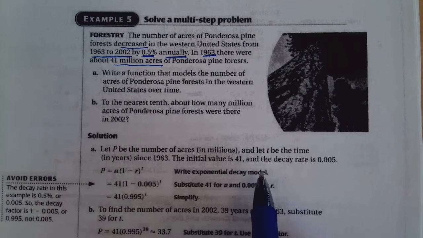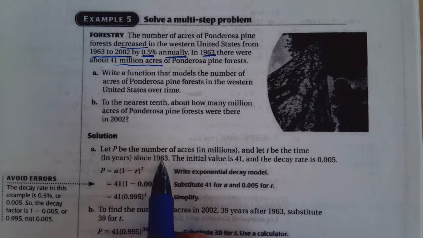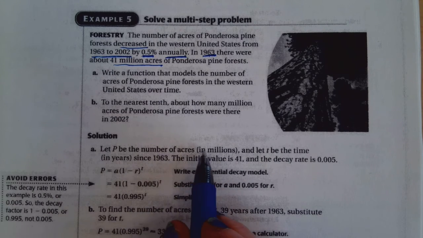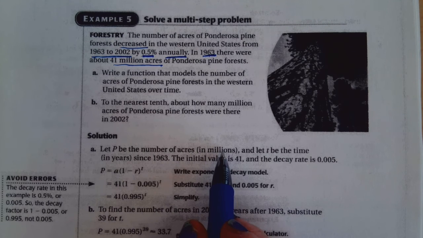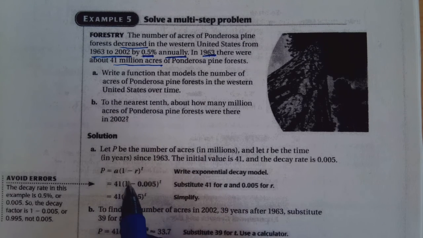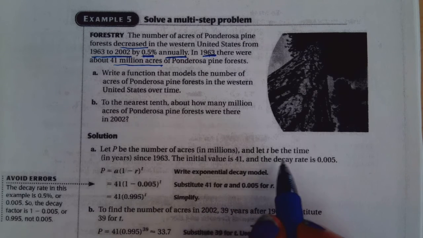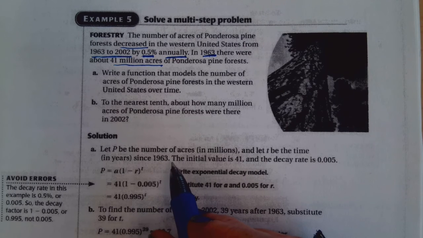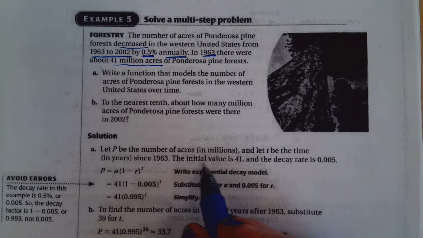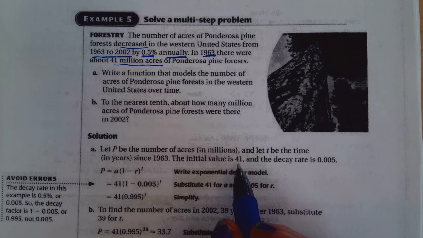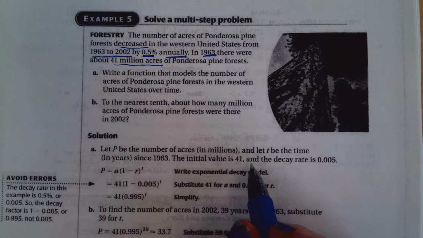Everything is here, which makes it nice and easy. Let P be the number of acres in millions. You always want to signify what your values stand for. And let T be the time in years since 1963. The initial value is 41, so we know it's million, but they just use 41 because it's easier to write than 41 million.